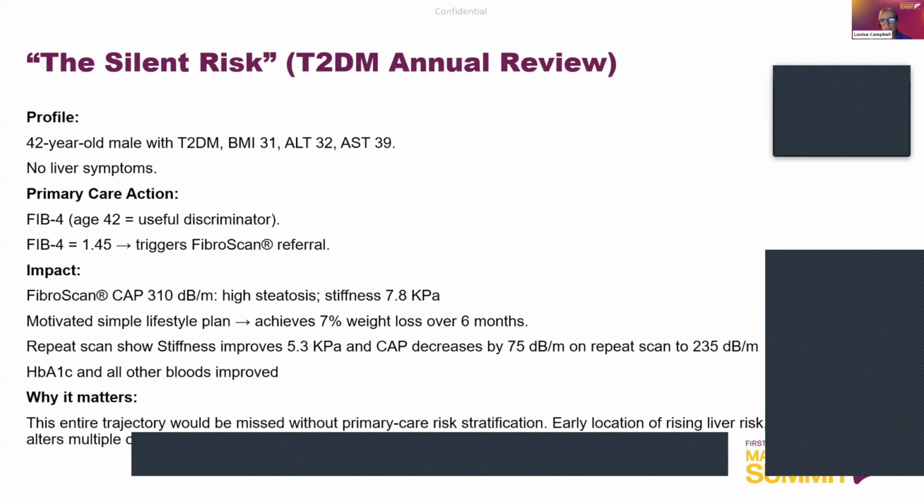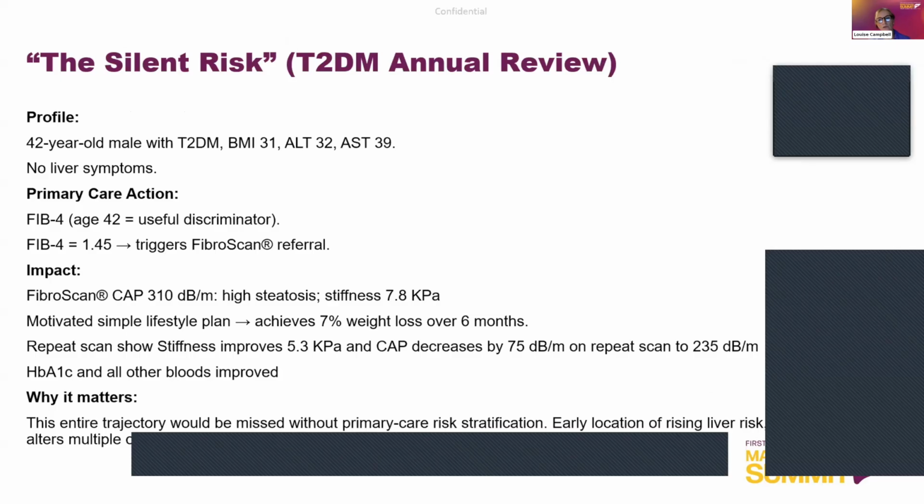The silent risk. This was a patient who, type 2 diabetic, annual review, 42-year-old male, slightly raised ALT and AST, depending on where you look at that. His BMI was elevated. No liver symptoms though.